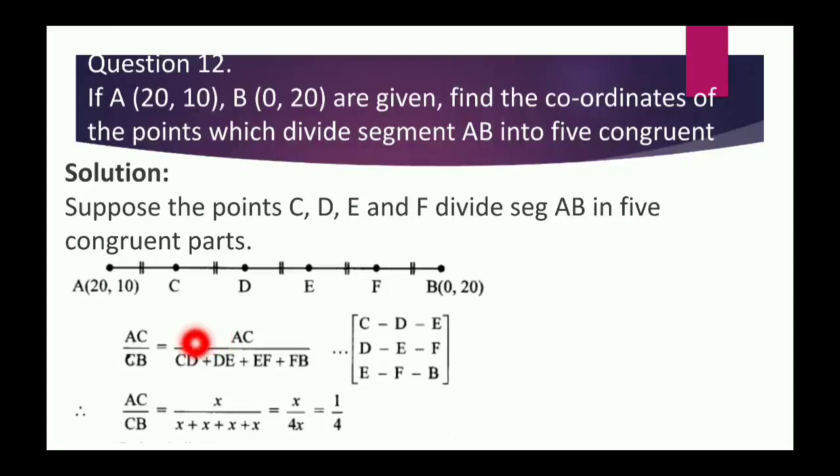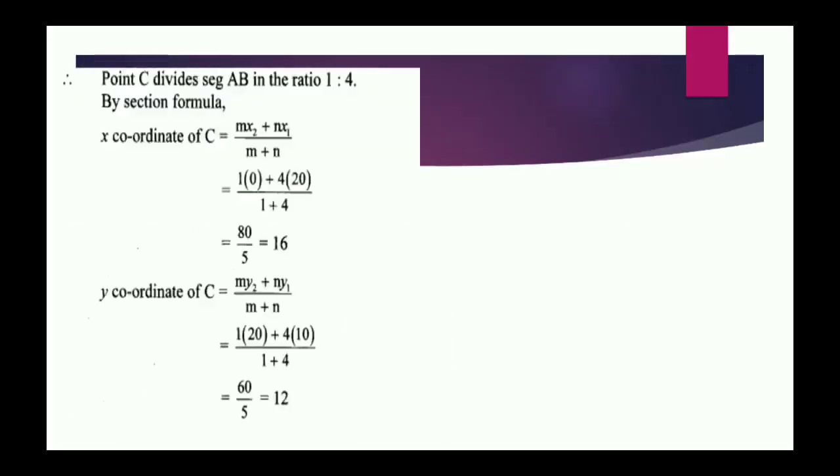So x upon x plus x plus x plus x, that is equal to x upon 4x, that is equal to 1 upon 4. The ratio m is to n is 1 upon 4. Same way we will find, children, that point C divides the segment AB in the ratio 1:4 by the section formula.